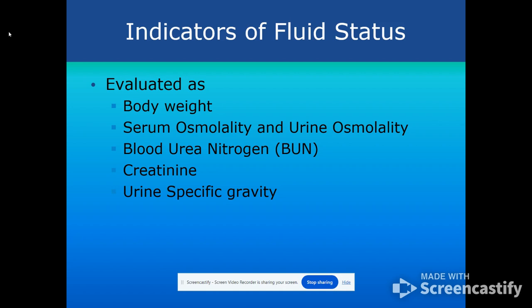Typically, if you have a patient who has some kind of disorder that's causing either too much fluid loss or too much holding on to fluid, they can draw the patient's urine osmolality and their blood osmolality at the same time, and based on the numbers, it will determine if the patient is high or low, or if they're holding on to too much fluid or getting rid of too much fluid.